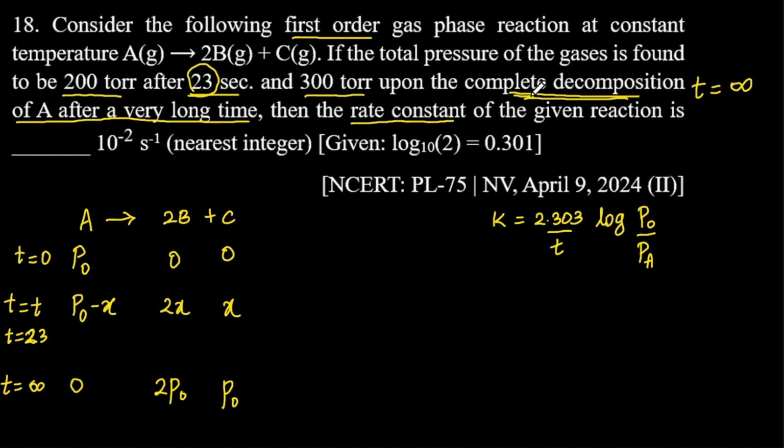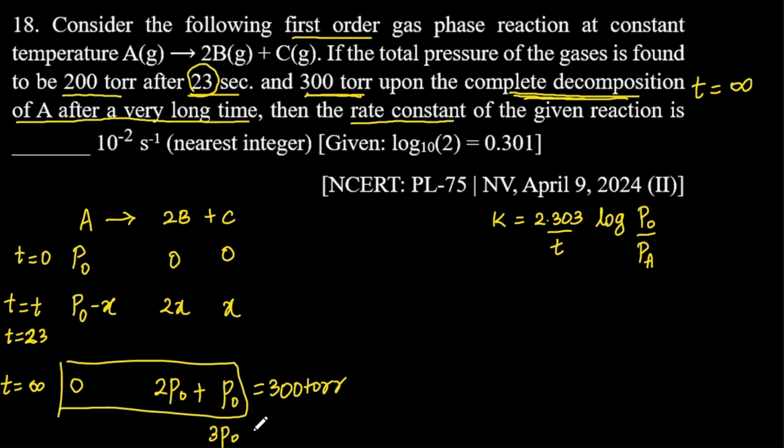Now after the complete decomposition the total pressure is 300 torr. So when you add this you will get the total pressure 300 torr. So with that you can find P naught value. So 3 P naught equal to 300 torr. So when you divide that, P naught equal to 300 divided by 3, which is equal to 100. So the value of P naught is 100 torr.